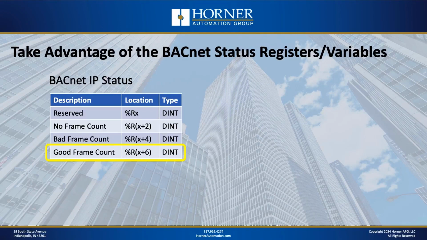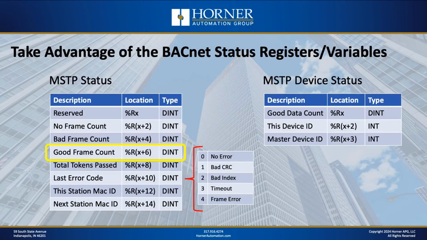Now with MSTP, there's more involved from the standpoint of the communication interface. It's not simply Ethernet, so there's a bit more data available to you. The reality is what you're really looking for, again, is your good message count or your good frame count to be incrementing. That's the biggest thing you're looking for.